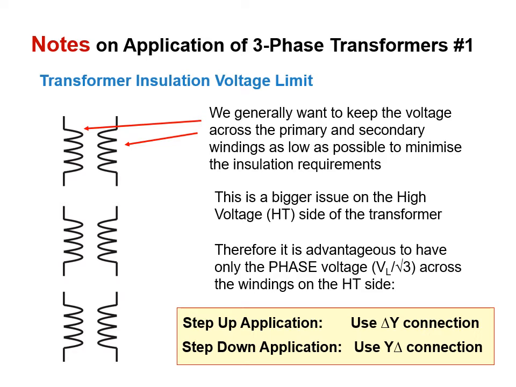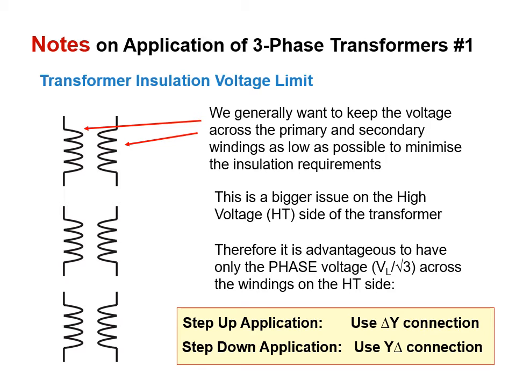That's all well and good, but what about some applications? The first thing we want to look at, in terms of applications of the three-phase transformer, is insulation voltage limit. We want to get the voltage across the primary and secondary windings as low as possible to minimize insulation requirements.